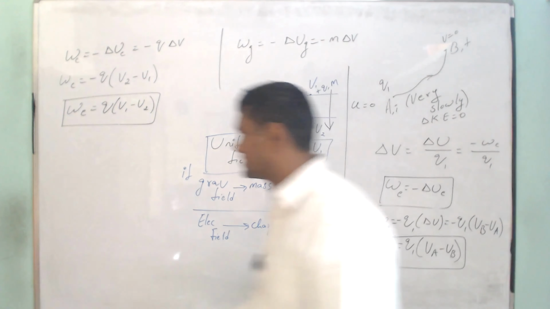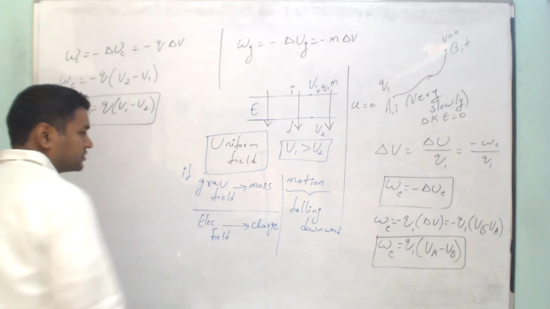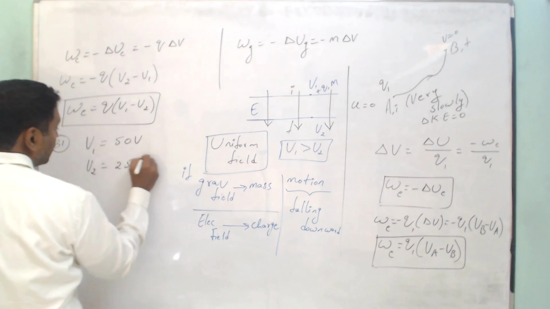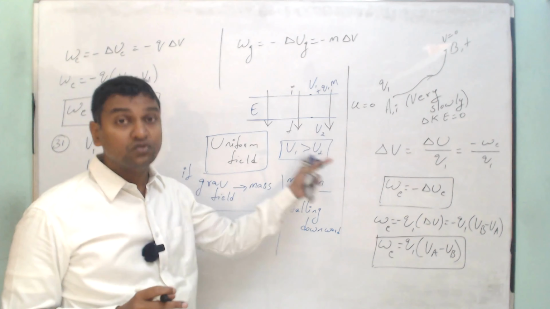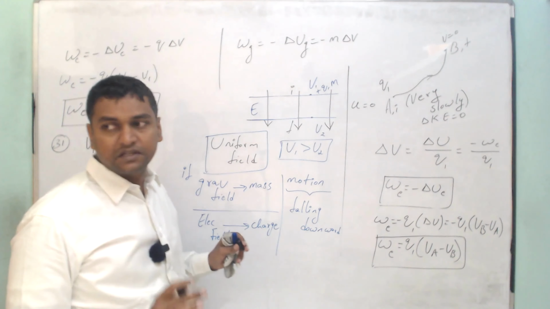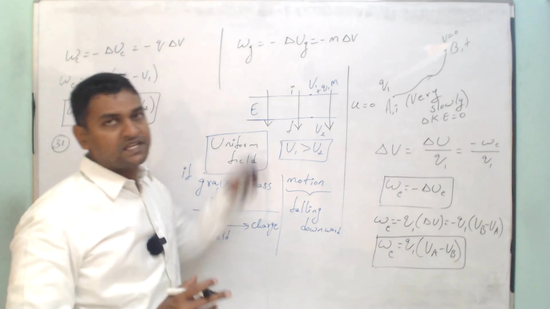So just as an example, what is the question number? 31. So just as an example, let the potential V1 be 50 volts and potential V2 be 25 volts. Obviously V1 should be greater than V2 because there is a uniform field in the downward direction.